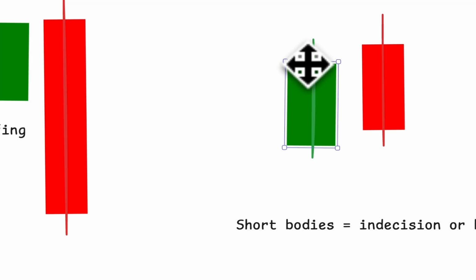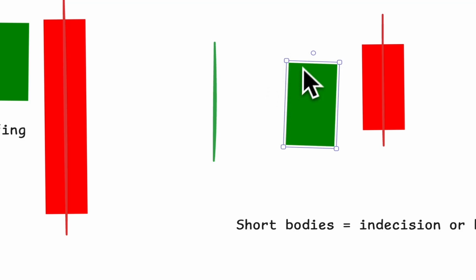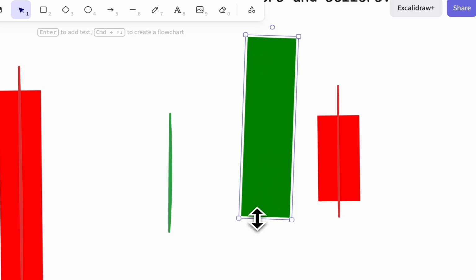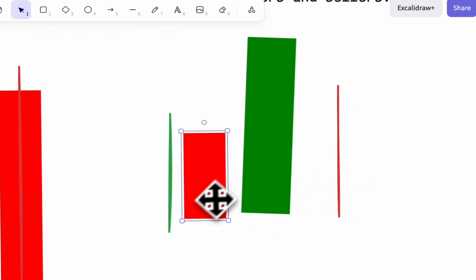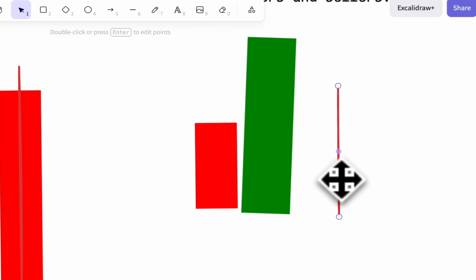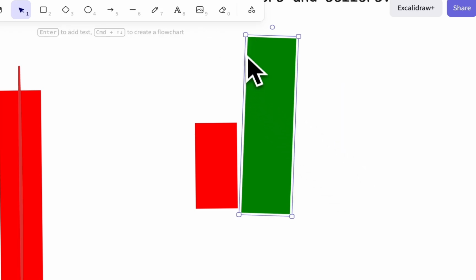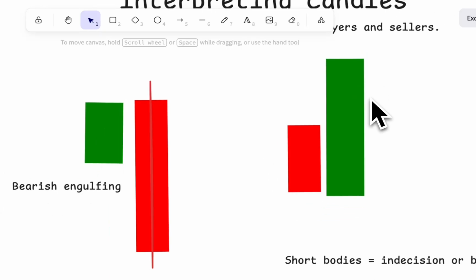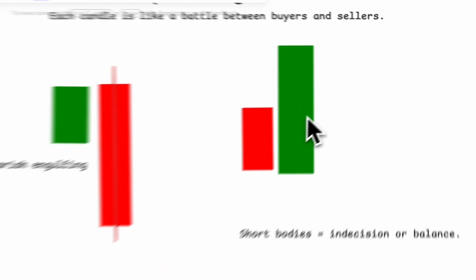Time is not the best, and sorry, it's not straight, but this is a bearish engulfing candle and a bullish engulfing candle.